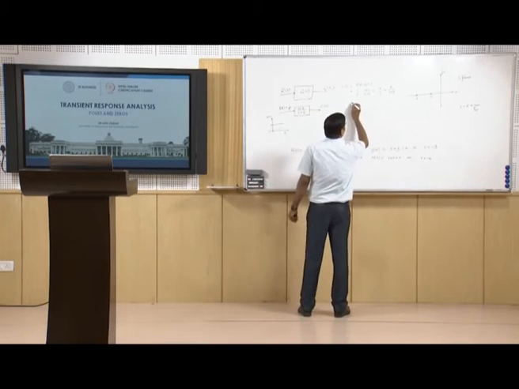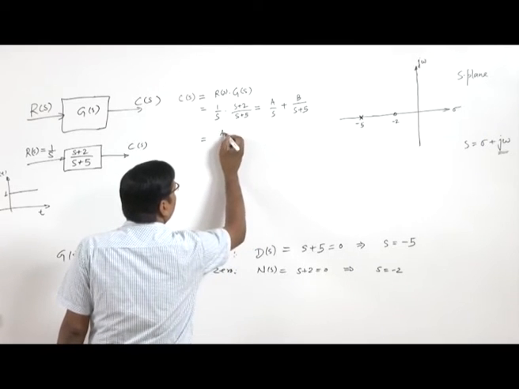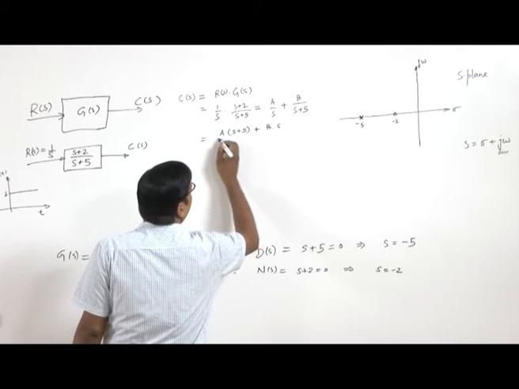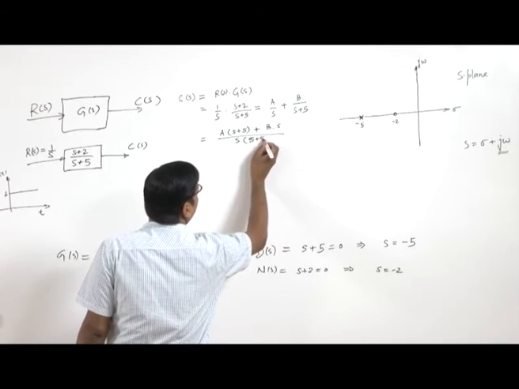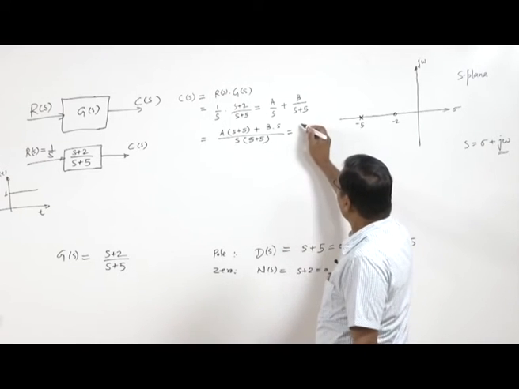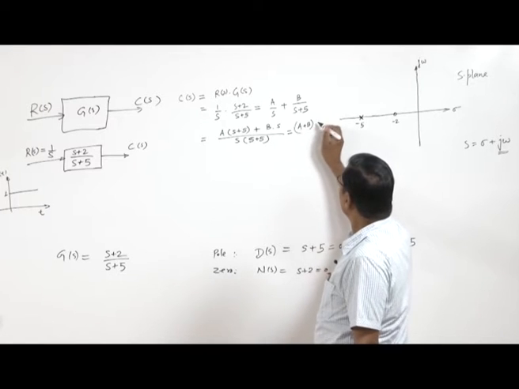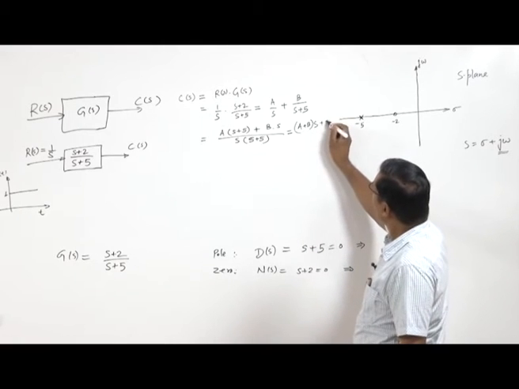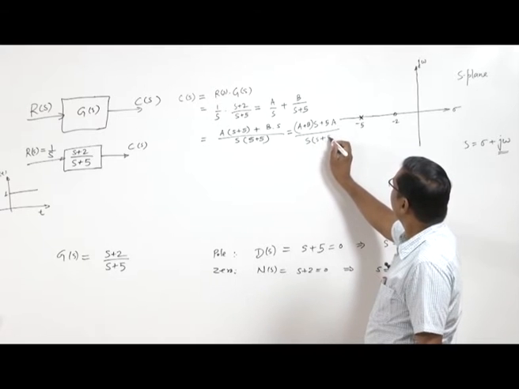So we can write this as A(S plus 5) plus B into S, upon S(S plus 5). So this we can write as AS and BS, so (A plus B)S plus 5A, upon S(S plus 5).